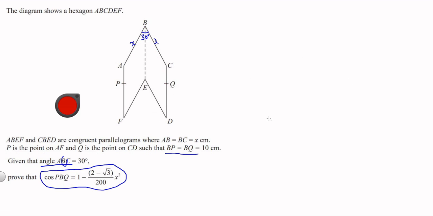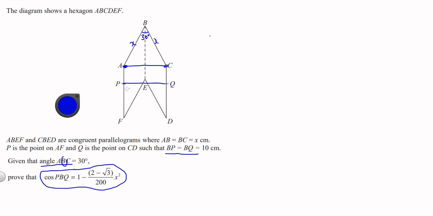So we'll do the calculation then. Okay, let's have a look. What I'm going to do is, see this line over here, P to Q is the same as A to C. So I'm going to work out what it is from A to C. Once I've got that, it's going to be in terms of x, because I've got x's all over the place.